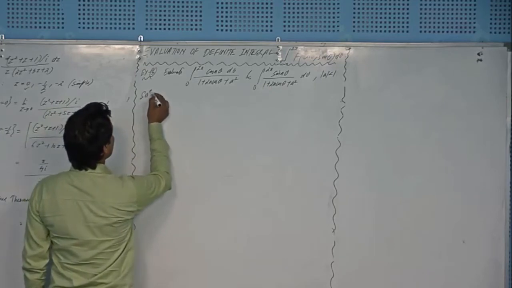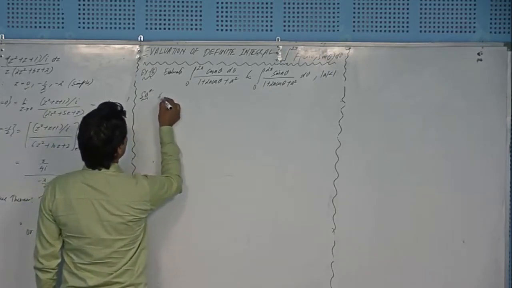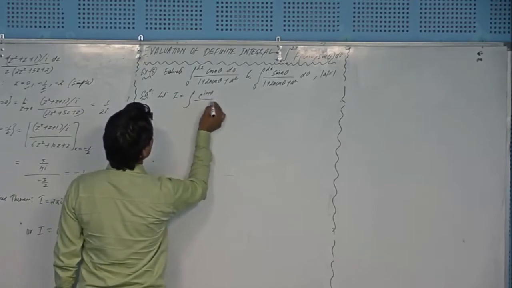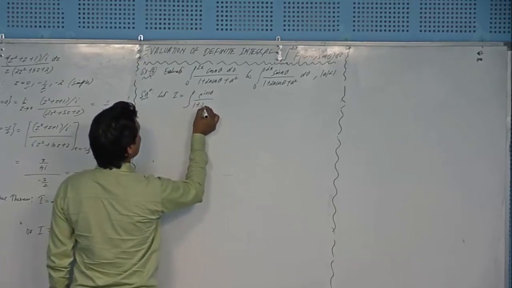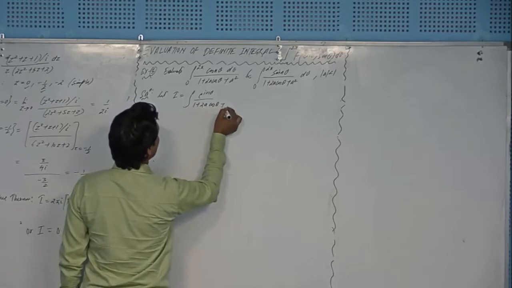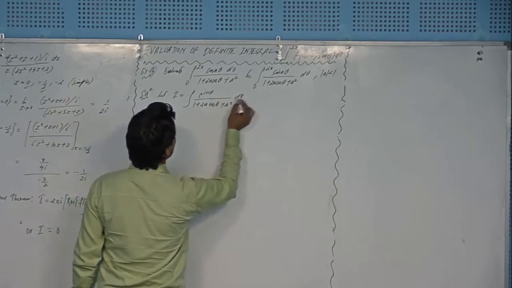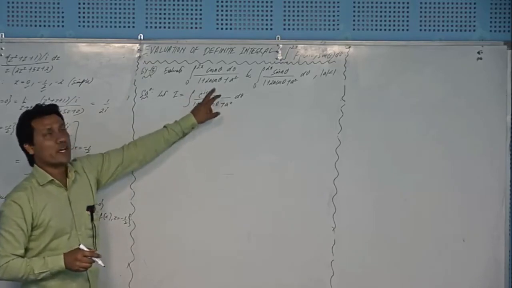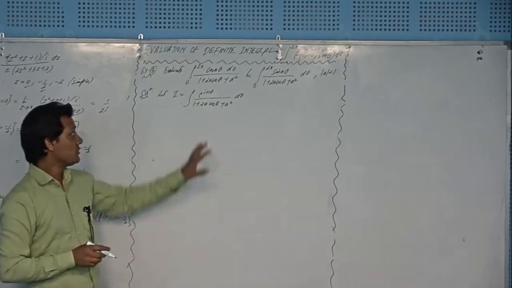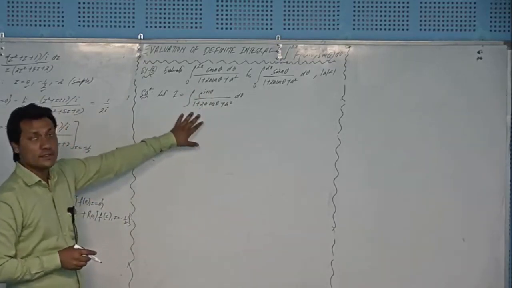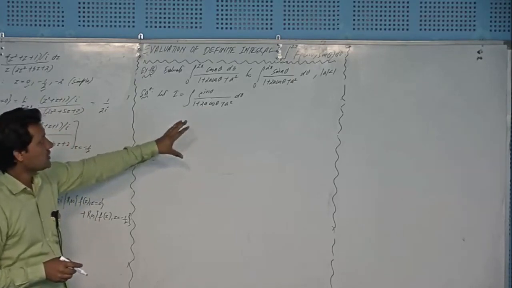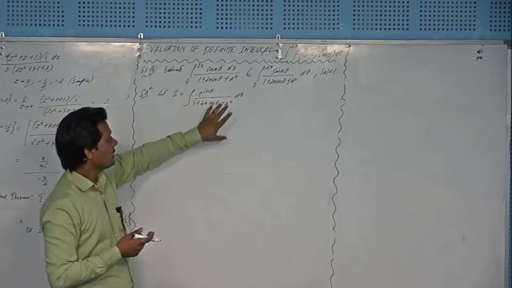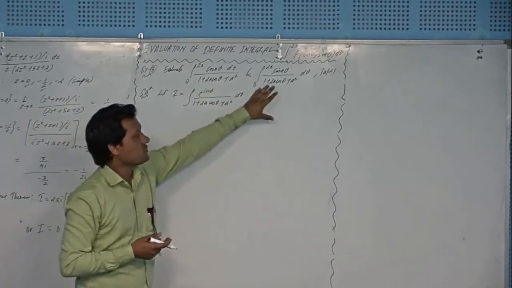Solution: let I equal the integral of e to the power iota n theta over 1 plus 2a cos theta plus a square d theta. I have assumed that the numerator is e to the power iota n theta, and I will evaluate this I, and after getting it I will take the real part to get the answer for the first part and the imaginary part to get the answer for the second part.